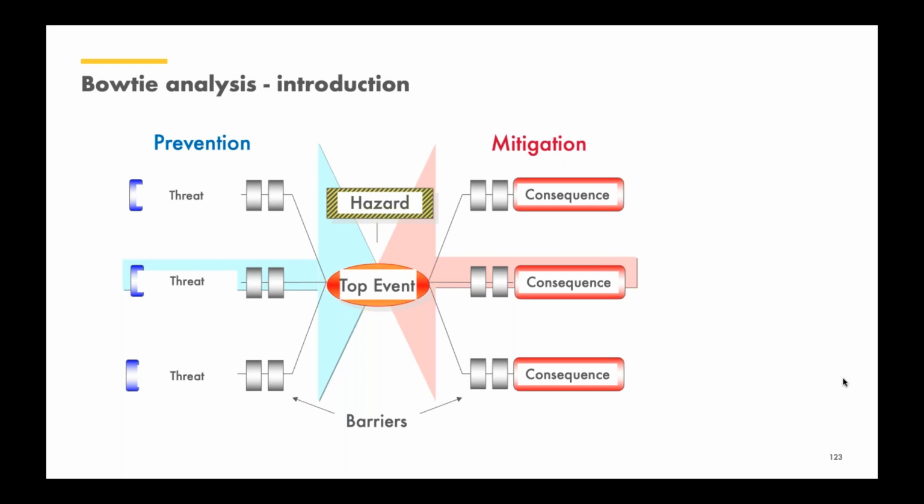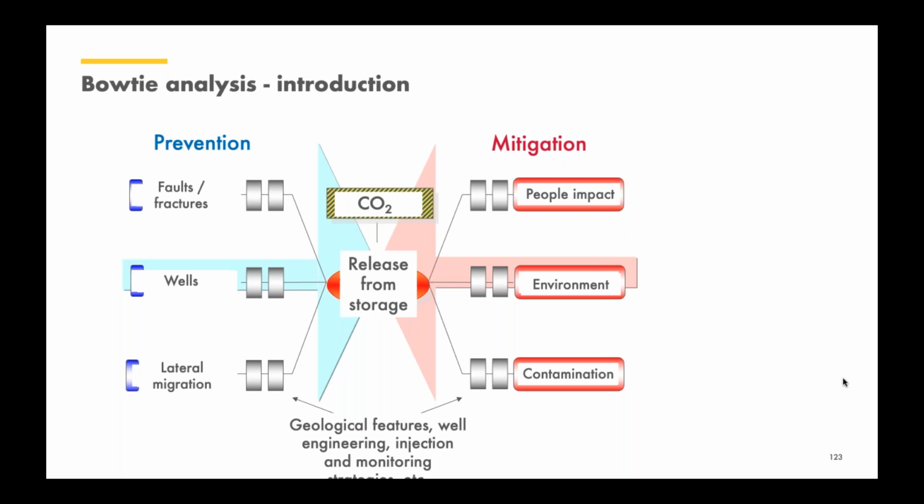In a real case scenario, the hazard is, of course, CO2 injection, and the top event would be release from the storage site. The threats would be faults or fractures, wells, or lateral migration that we need to prevent, either actively or passively. And the consequences could be people impact, environment, and so on and so forth.